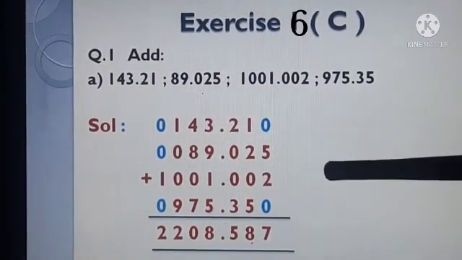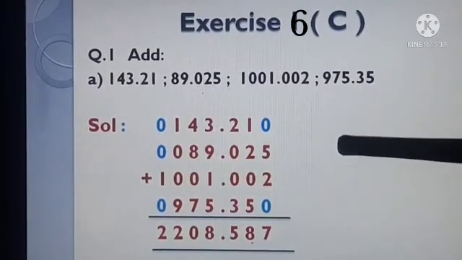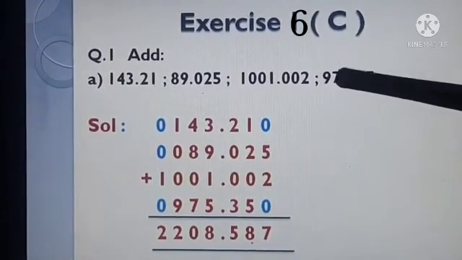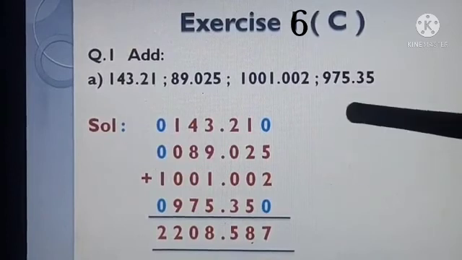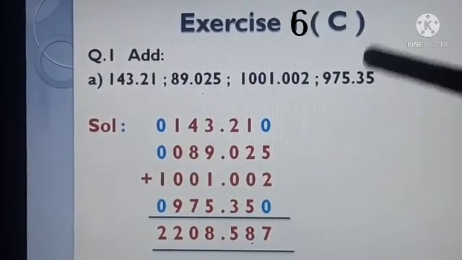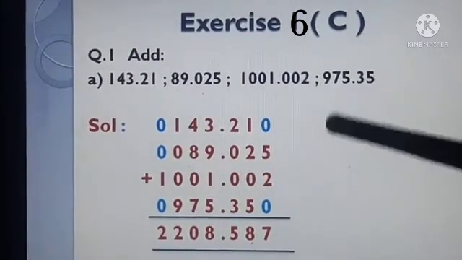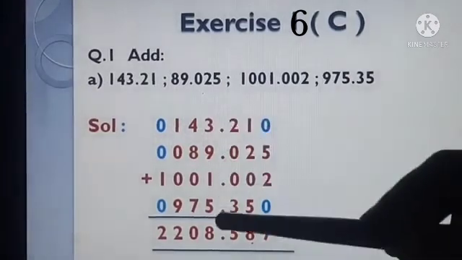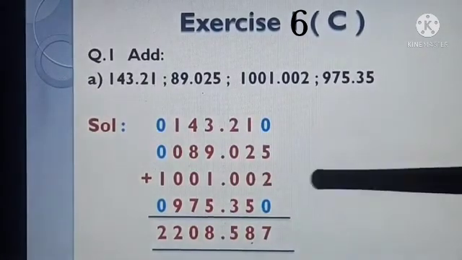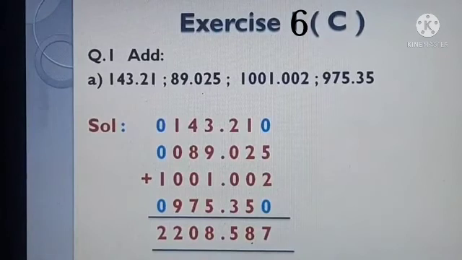So, how to start the addition? We will write the digits of the given numbers one below the other such that all the decimal points are in the same vertical line. Decimal should be in the same vertical line. In this way, we have to write down the numbers.